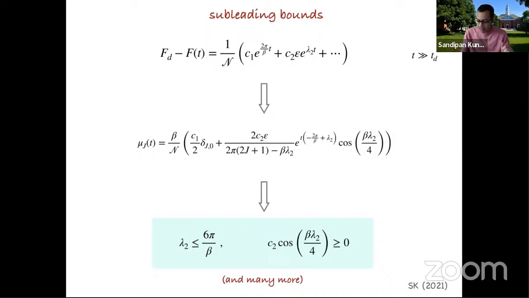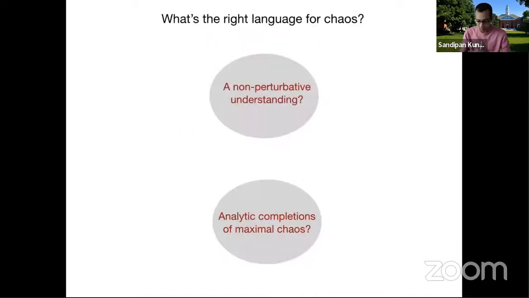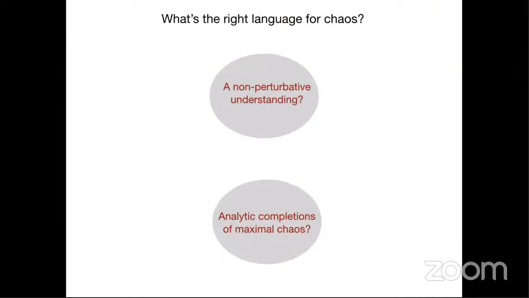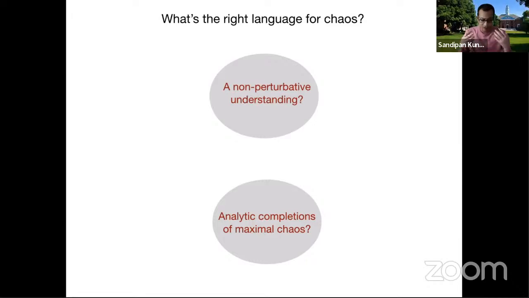Instead, let me discuss a more important point. This infinite set of constraints is telling us that we are not using the right language for chaos. So what I mean is the following. These constraints in terms of the moments are completely non-perturbative.